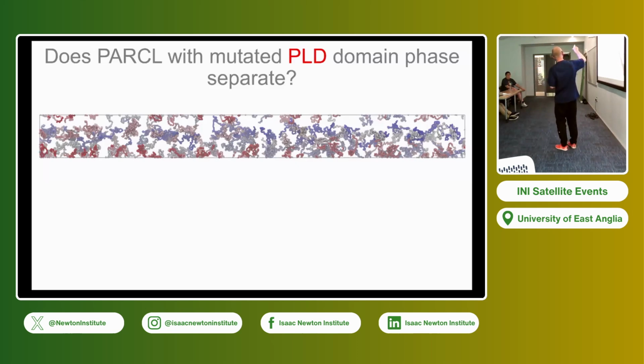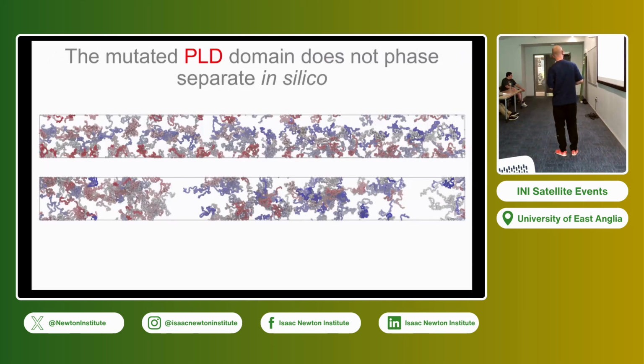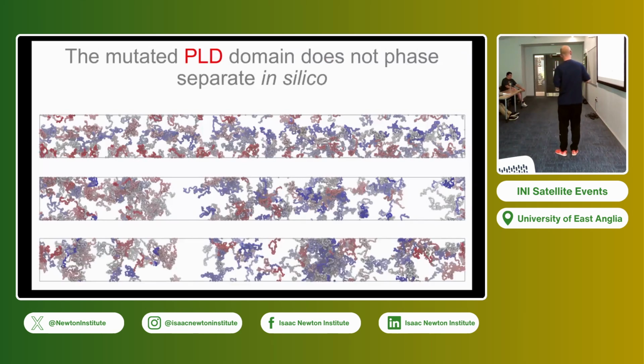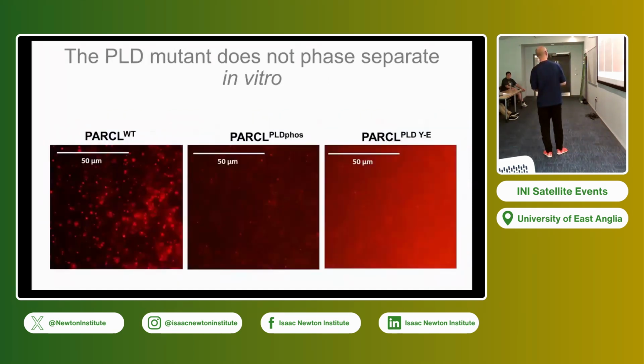So Ruth, in silico, mutated all of these amino acids in the sequence, and reran all the simulations again, and nicely, as she predicted, it no longer phase separates, suggesting again that these amino acids are important for this phase separation process.